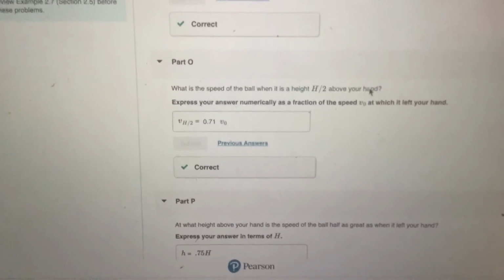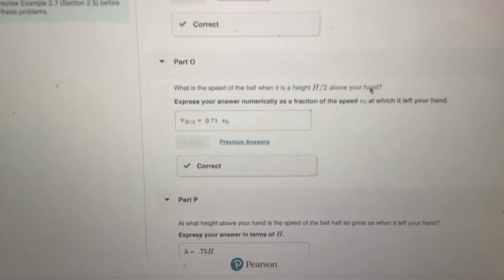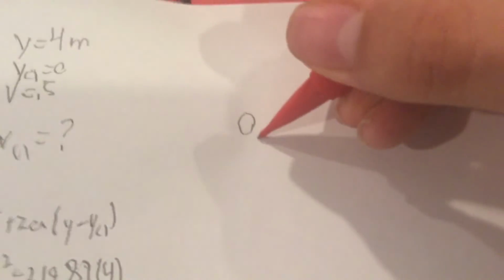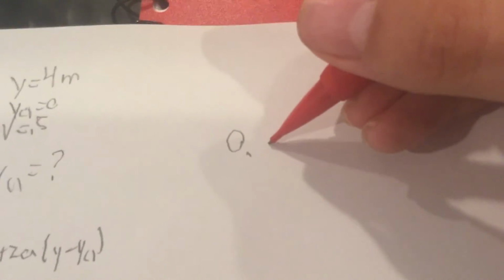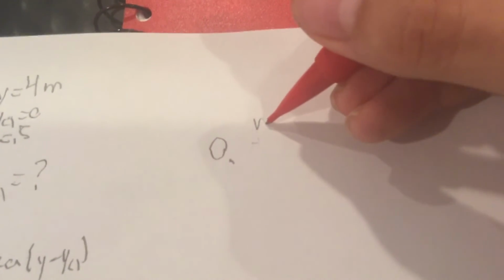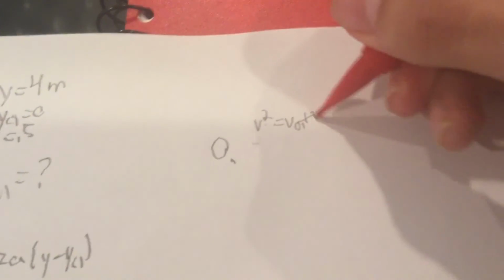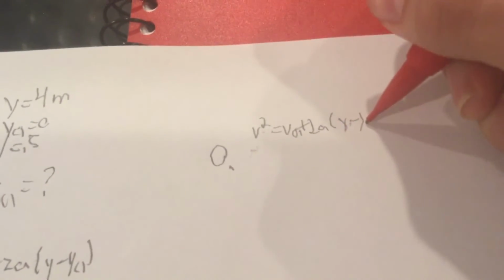What is the speed of the ball when it is at a height of h over 2 above your head? Okay, so go to O right up here. Have a space to write it. We'll use the same equation that we used in the previous problem. We'll use v squared equals v naught squared plus 2a times y minus y naught.